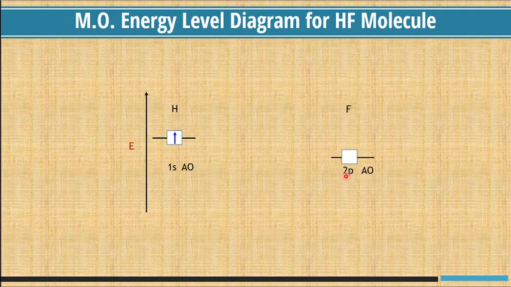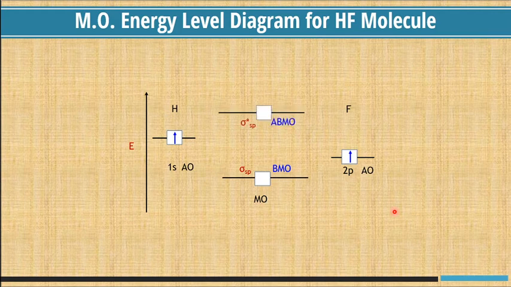There is one electron in the 1s orbital of hydrogen. There is one electron in the 2px orbital of fluorine. The combination of 1s and 2p gives rise to the formation of molecular orbitals, that is the sigma sp bonding molecular orbital and the sigma star sp antibonding molecular orbital.